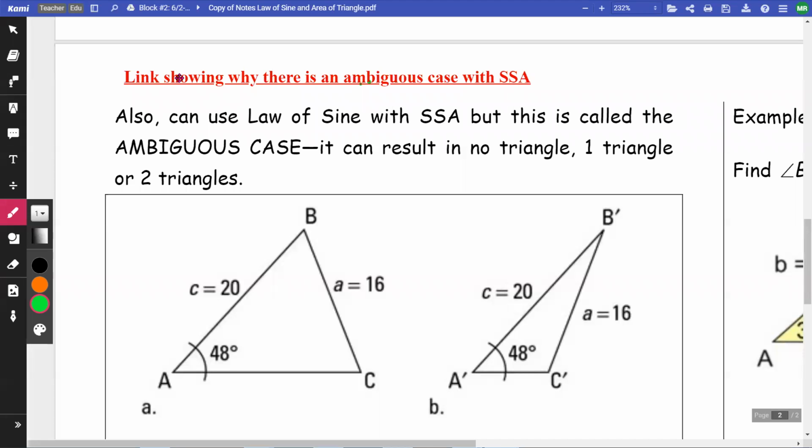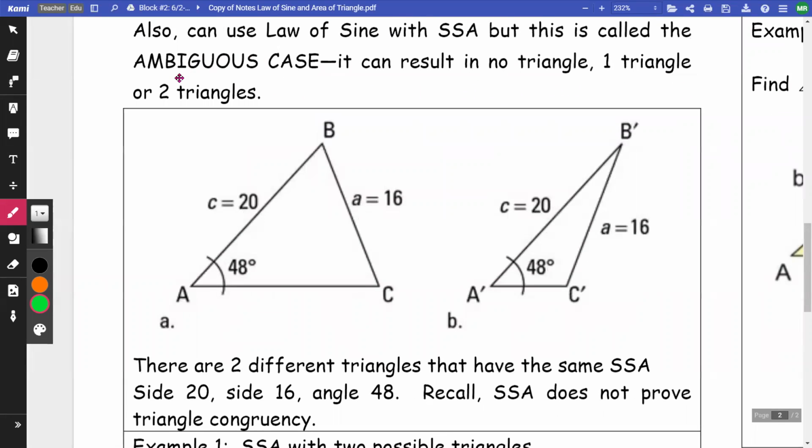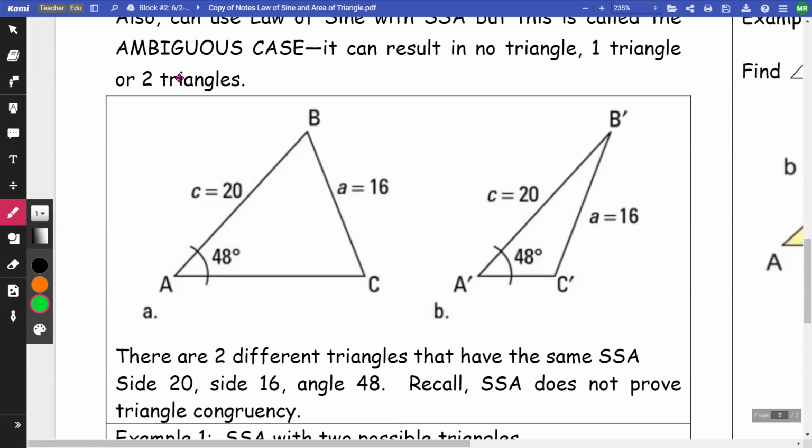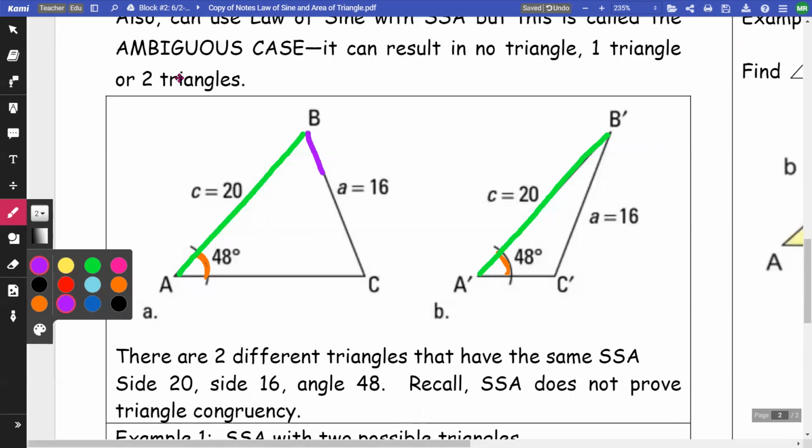Okay, so back to this situation, the ambiguous case, side-side-angle. Here's a visual kind of showing that. So again, you have this set angle here that is 48 degrees. That's set. You have this side here that is 20. That side is not changing, and this side is going to be a 16.